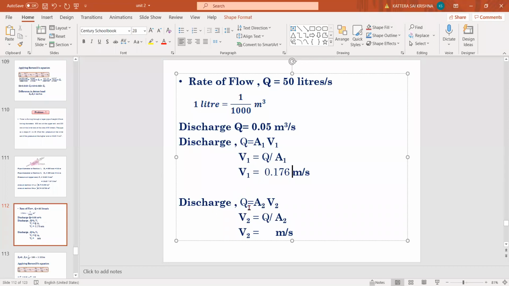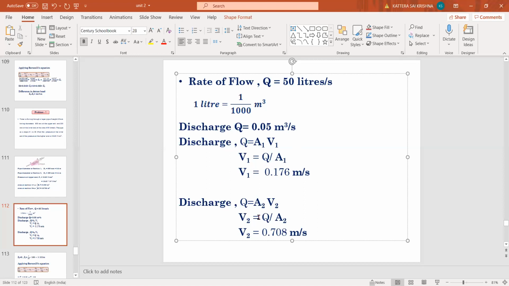Similarly, find V2 using Q equals A2 V2, so V2 equals 0.05 divided by A2, which gives 0.708 meter per second.